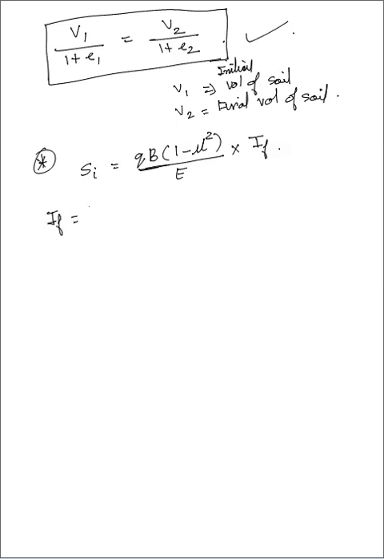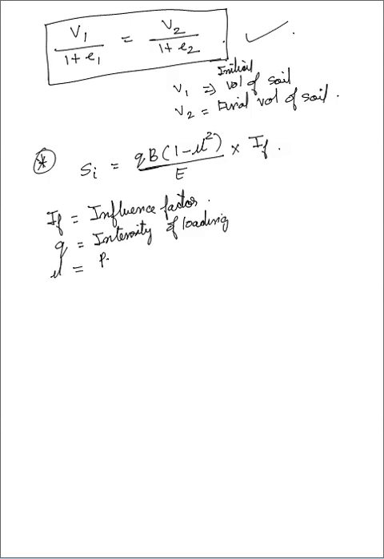IF is basically the influence factor, Q is the intensity of loading, mu is Poisson's ratio, and E is Young's modulus.